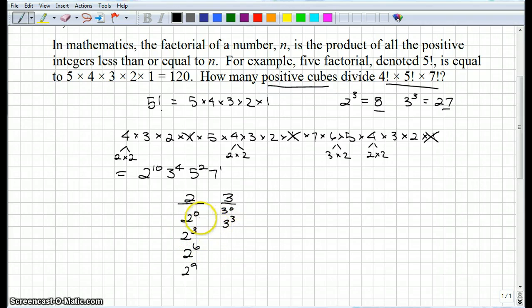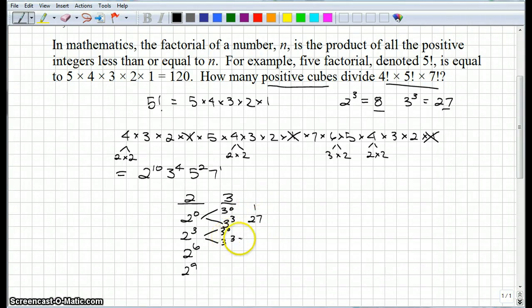Essentially we can choose the power of 2 and then choose the power of 3. Again we have 3 to the 0 and 3 to the 3. If we choose 2 to the 0, then we can choose either 3 to the 0 or 3 to the 3, so that would be either 1 or 27.